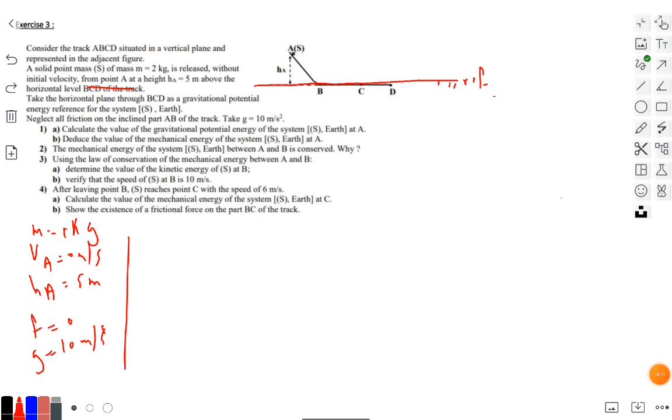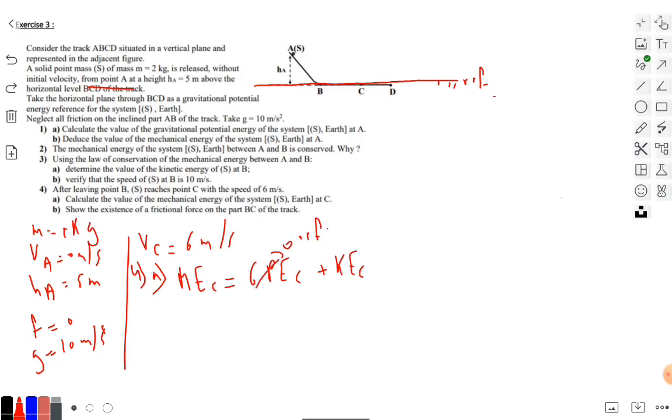Part 4. After leaving point B, S reaches point C with a speed of 6 meters per second. So v_C equals 6 meters per second. For A, calculate the value of the mechanical energy at point C. ME at C equals GPE at C plus kinetic energy at C. GPE at C is 0 on the reference. So it's equal to 0 plus half m v_C squared, to obtain 36 joules.